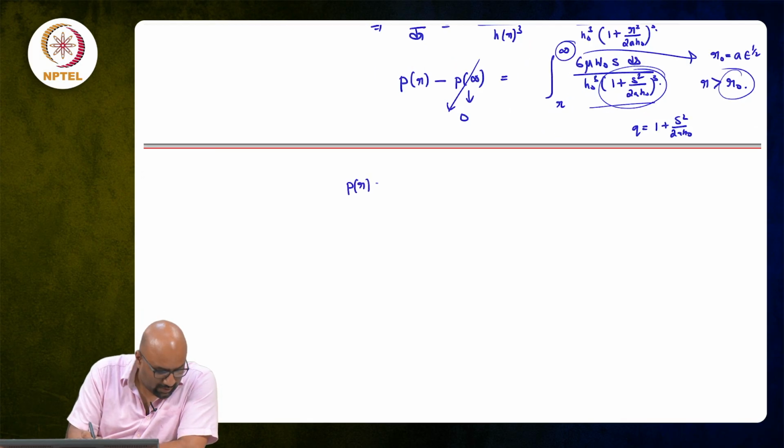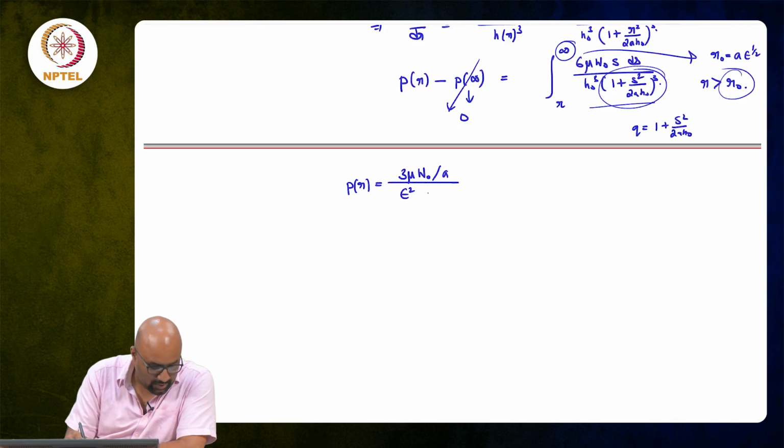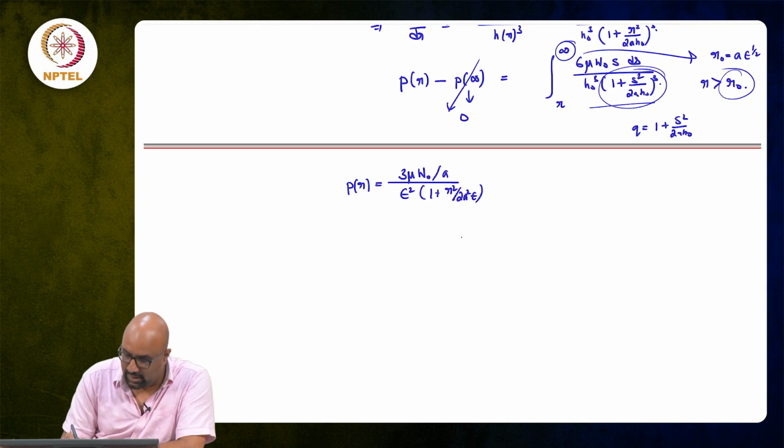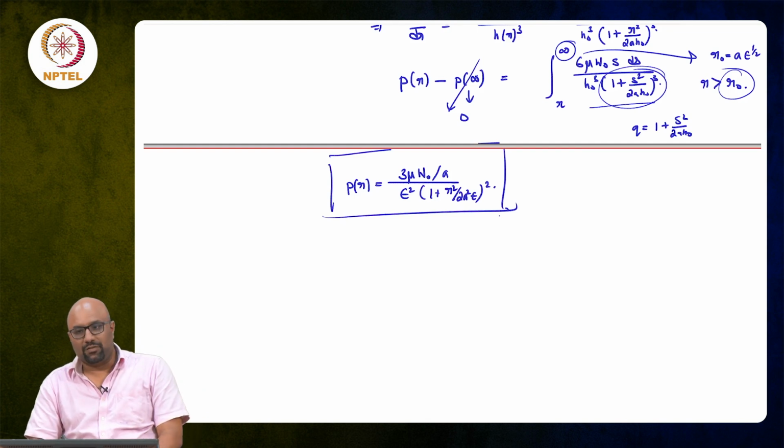So, P of r is 3 mu w naught by a epsilon square, 1 plus r square over 2a square epsilon. So, h naught I am writing as a epsilon. This is the pressure field at any radial location.